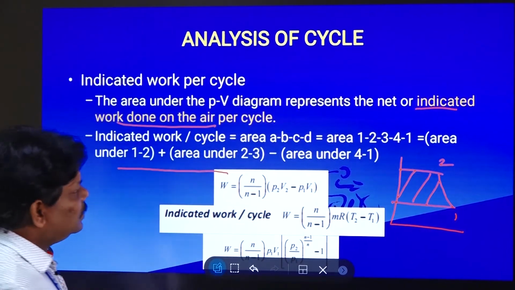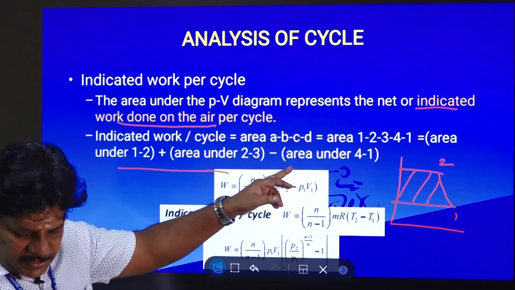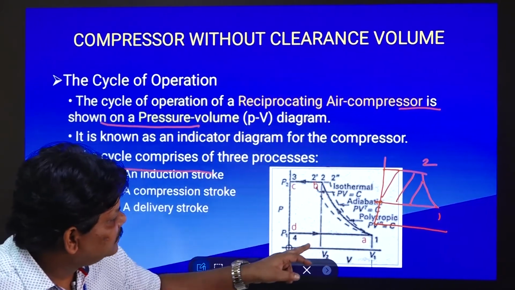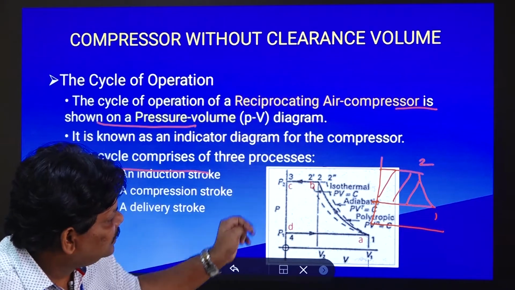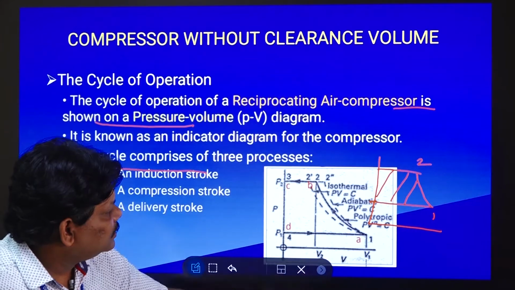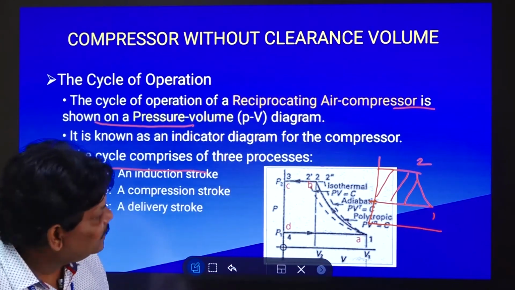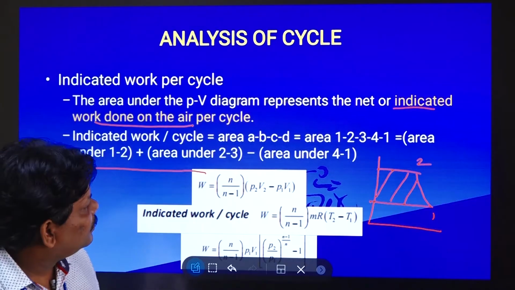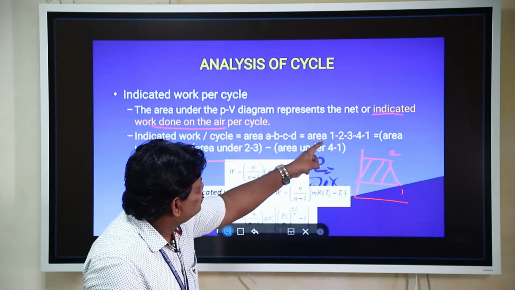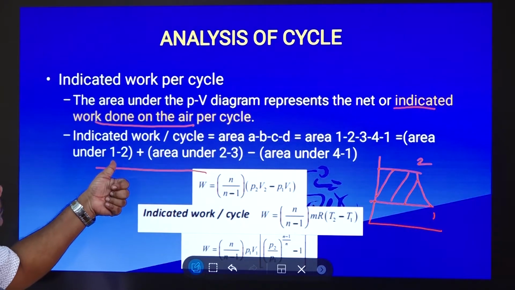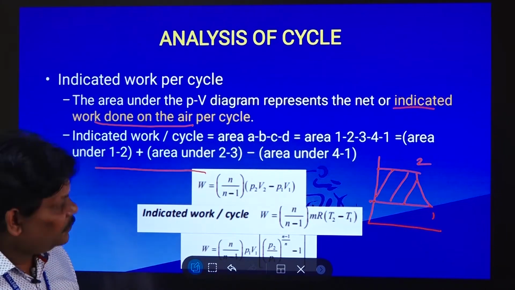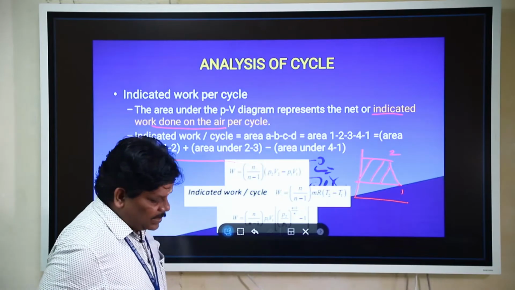The indicated work per cycle will give you the area A, B, C, D minus the area 1, 2, 3, 4, 1. From this diagram, area A, B, C, D minus area 1, 2, 3, 4, 1 is equal to the area under 1 to 2 plus the area under 2 to 3 minus the area under 4 to 1.